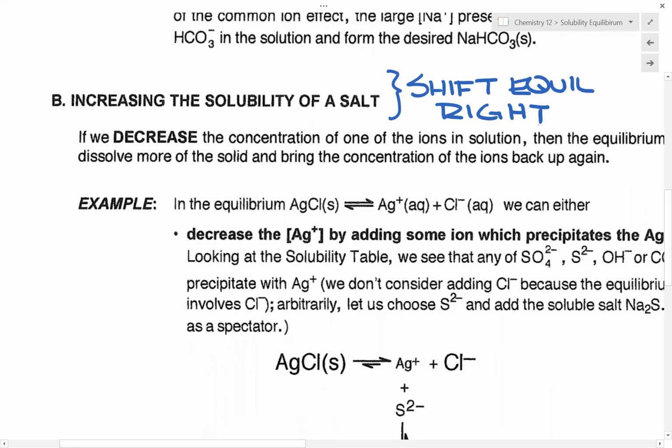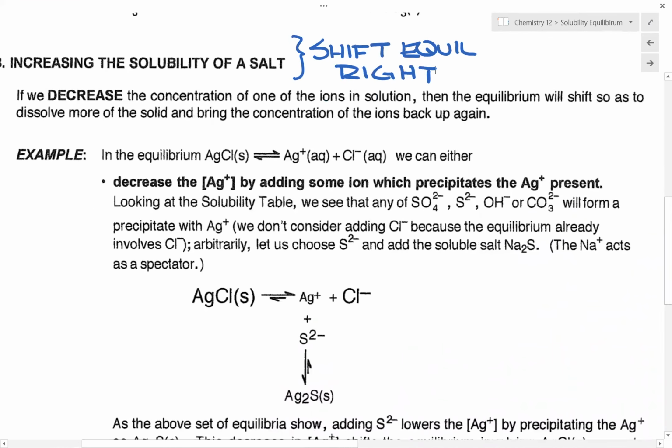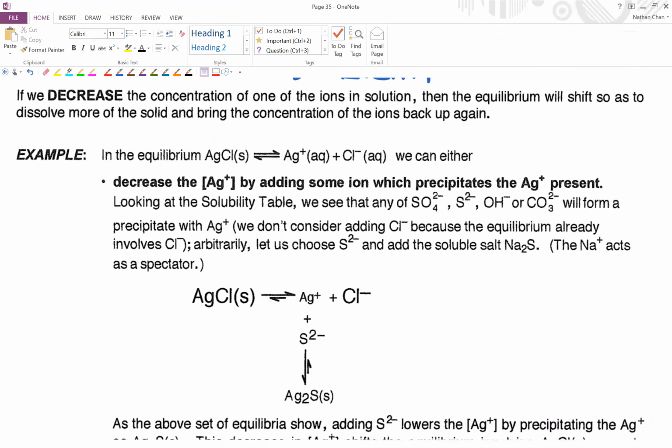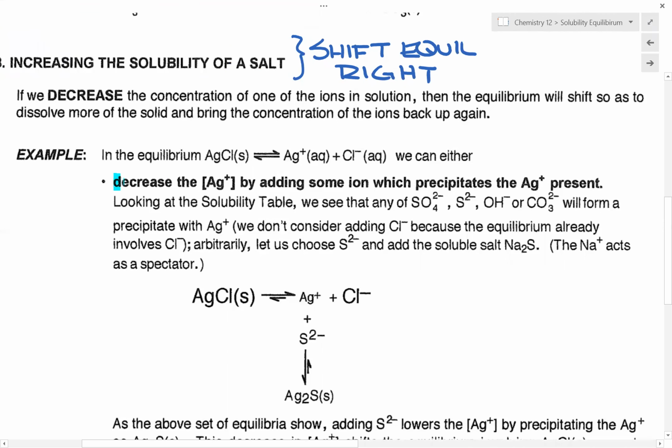Now, this is a little bit more complex. We can do this to increase the solubility by decreasing one of the concentrations of the ions, in this case by adding some ion which precipitates the Ag present.